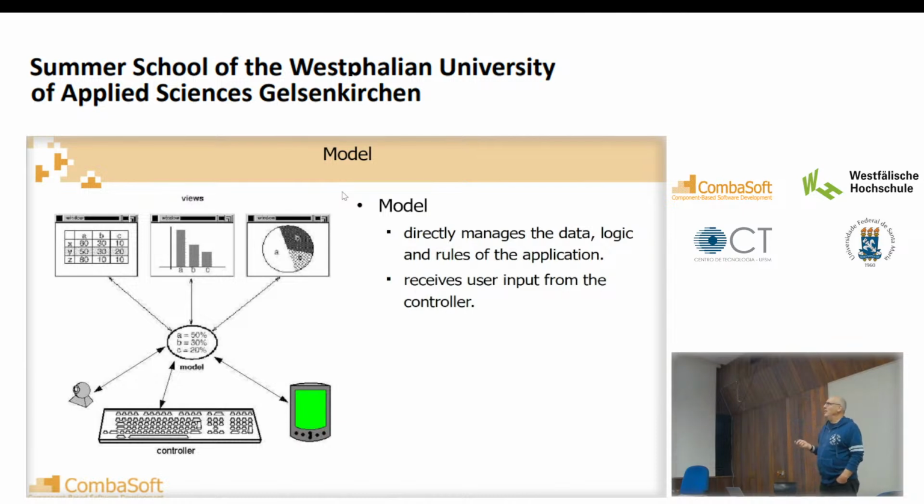One is the model, MVC, Model View Controller. So the model itself is here in the middle. A model is the data and the main operations of the data. So here you have an election, and this election means part: Bolsonaro got 50%, Lula got 30%, and another candidate got 20%.